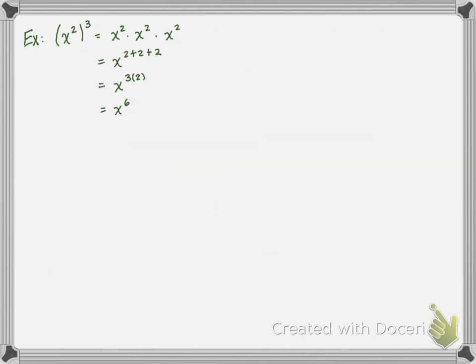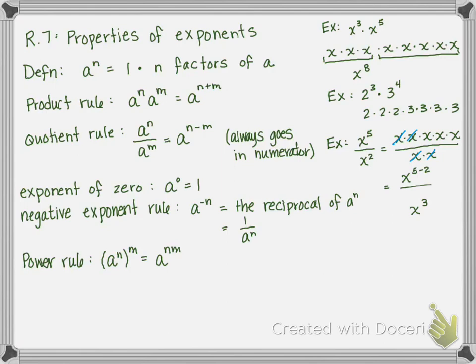So this rule that we just saw, again, is called the power of a product rule, which says that if you have a product raised to an exponent, that you can raise each individual factor to that exponent.